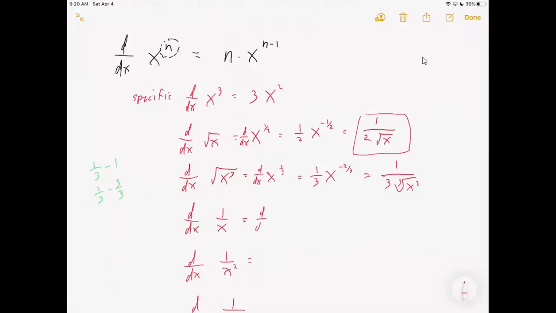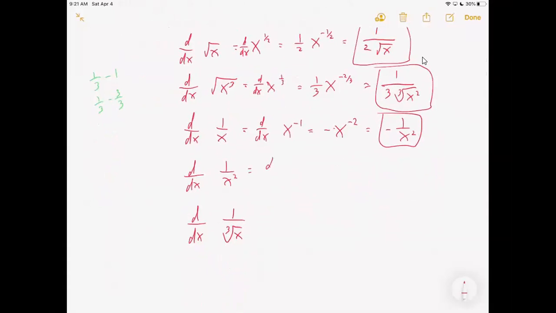This is the derivative with respect to x of x to the negative 1. So the result is negative x to the negative 2, which is negative 1 over x squared. It's the best way to write the answer. Derivative with respect to x of x to the negative 2. So negative 2x to the negative 3, which is negative 2 over x cubed, is the algebraic way to write that without negative exponents.